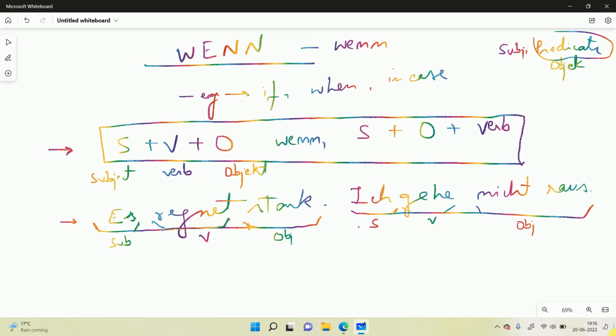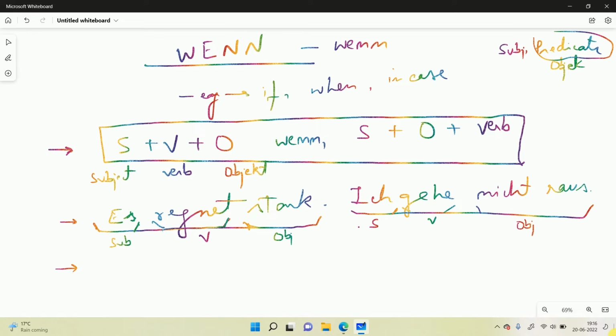For example, in English: it is raining strongly, I will not go out. I can put it as, when it is raining strongly, I will not go out, or, it is raining strongly, therefore I will not go out. Depending on the conjunction, you can switch the sentences also. It looks a little confusing right now, but with examples you will make it very easy.